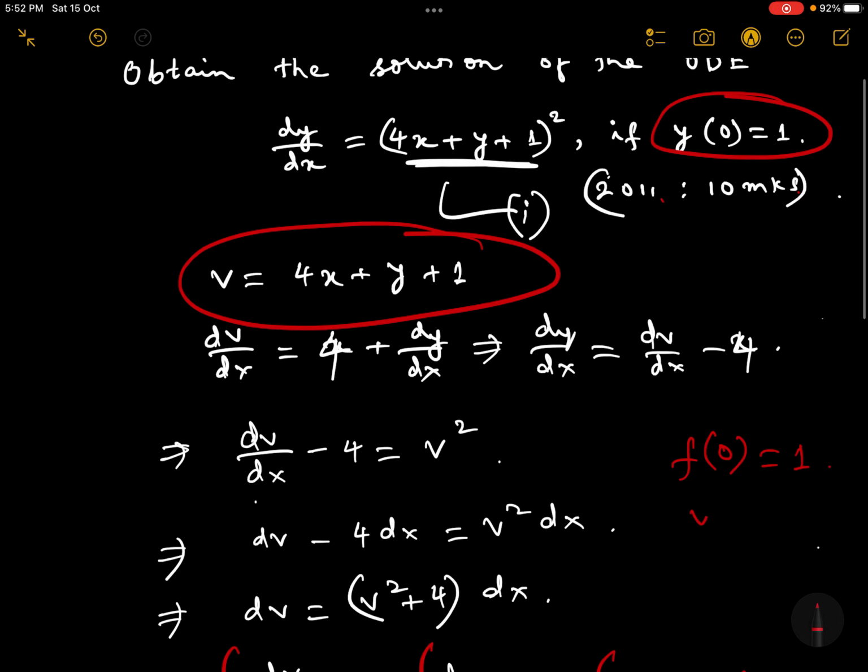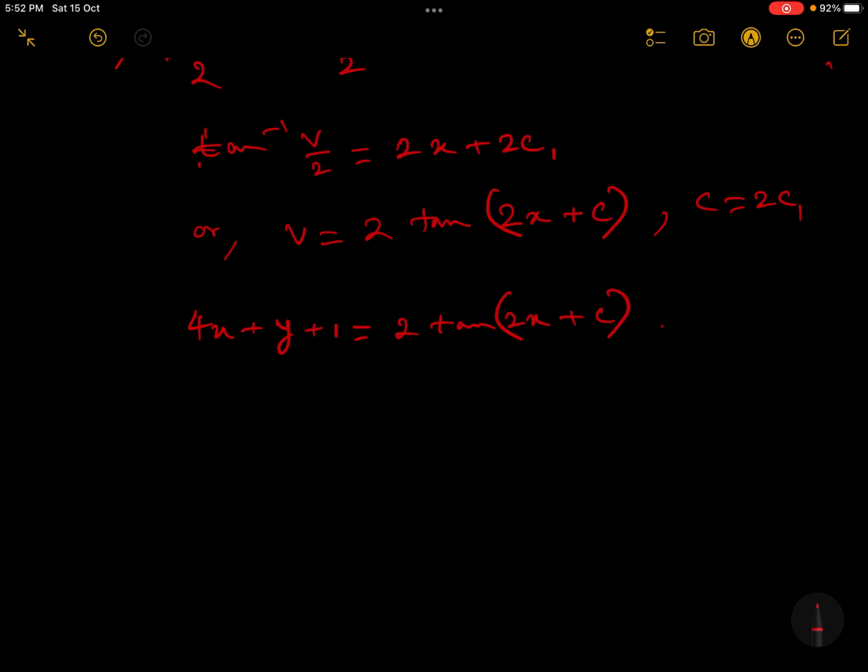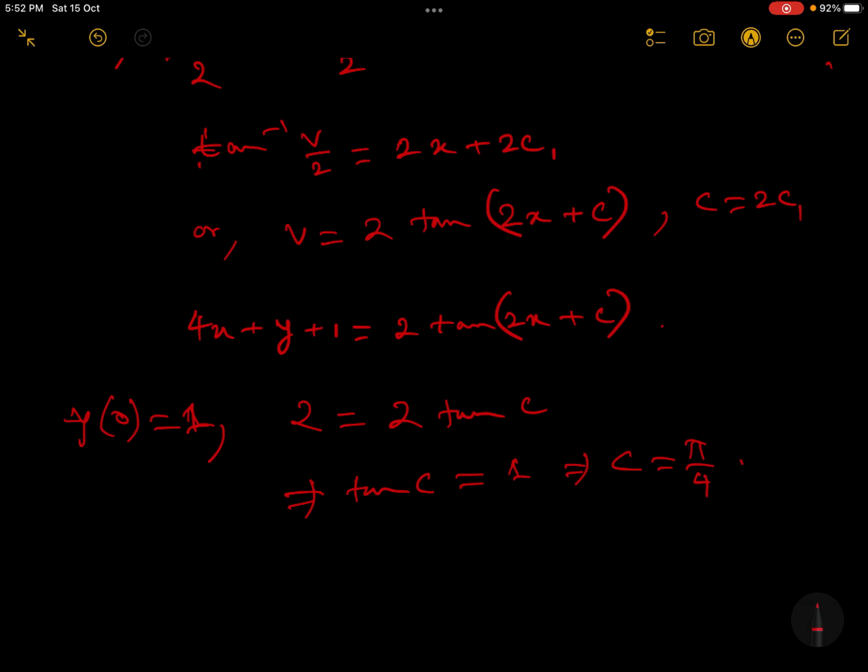So our value of y is 1 when x is equal to 0. Let us substitute everything here. X is 0, y is 1. That means on the left hand side, 2 appears. Equal to 2 tan of c. This implies tan of c is 1. This implies c has to be pi by 4, that is 45 degrees.